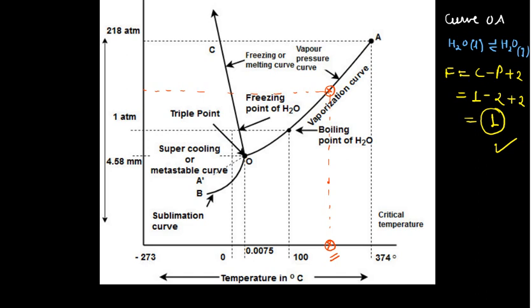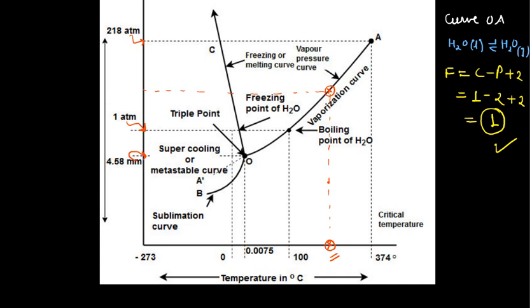And the important thing is that at the vaporization curve, which you can notice here, this temperature is your 100 degree centigrade. Okay, and at this 100 degree centigrade, you see the vapor pressure is somewhere around 1 atmospheric pressure. This is the value actually. Similarly, this value for this one and this value for this one. Okay.